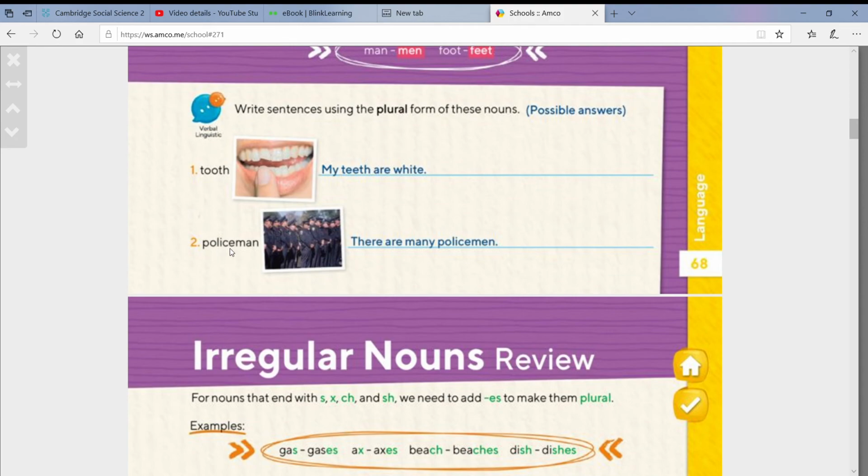Now, number 2, policemen. There are many policemen. The most important thing is you change the A for the E. You made the word policeman in plural. So if you have policemen written like this, give yourself a tick because this is a good phrase.